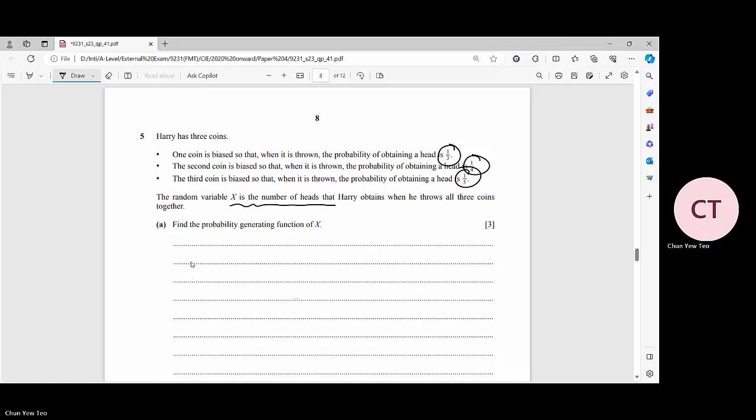Okay. If you want to find the PGF, the probability generating function, usually we will need to build the probability distribution table. So we have x here. The discrete random variable x here will be 0, no head, 1 head, 2 heads, and 3 heads.